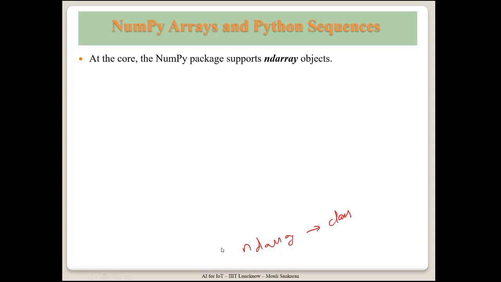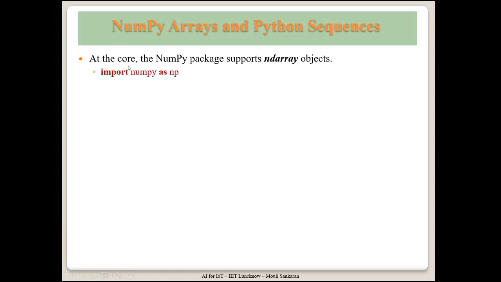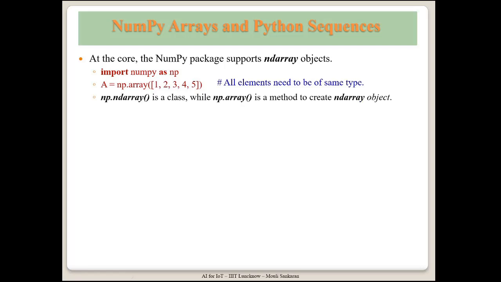So it's a type of n-dimensional array class which is used for creating arrays of that type. So what you create is an array with np, and you can pass a list which is like a Python list, and it converts it into a NumPy array. Now, one important restriction here is that all the elements in an array should be of the same type. I'm sure you must be aware of it.